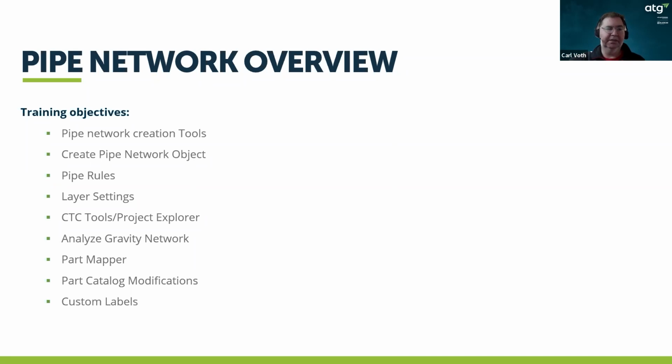We'll be going over some additional add-ons for Civil 3D, utilizing the CTC tools for speed of production and pipe design, and also a little bit in the new Project Explorer. If you don't have that, how we can utilize that. Civil 3D 2023 now allows you to analyze your gravity networks in the software, so you don't have to export it out.